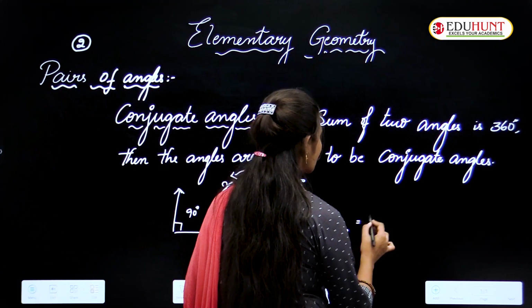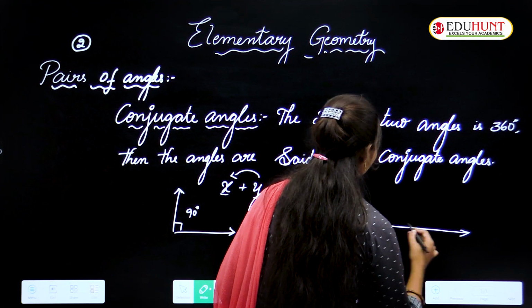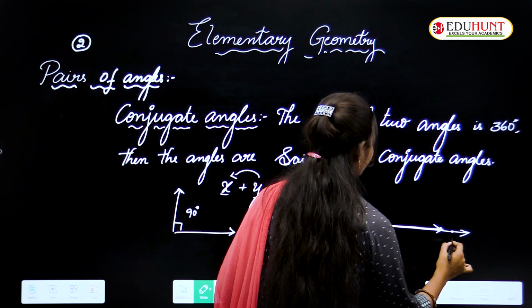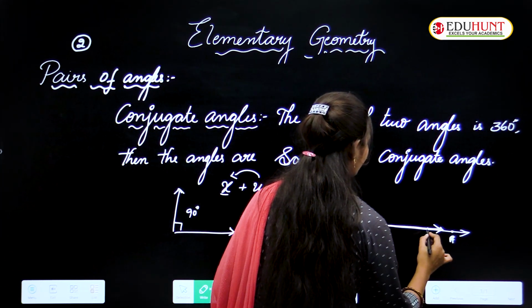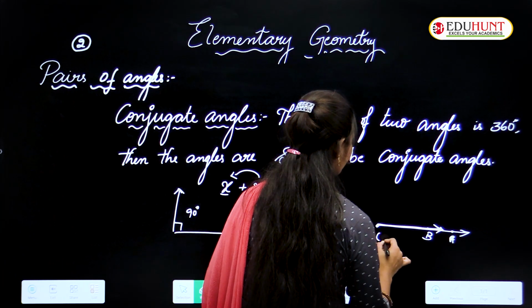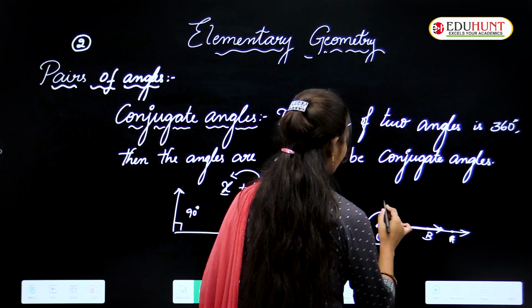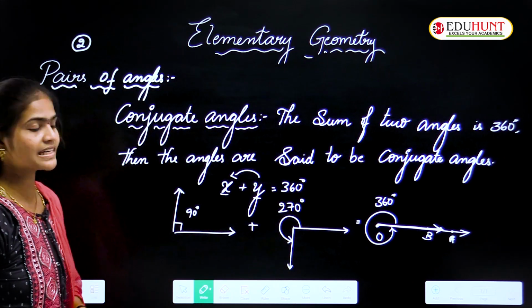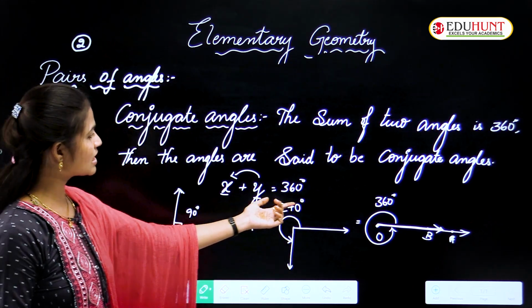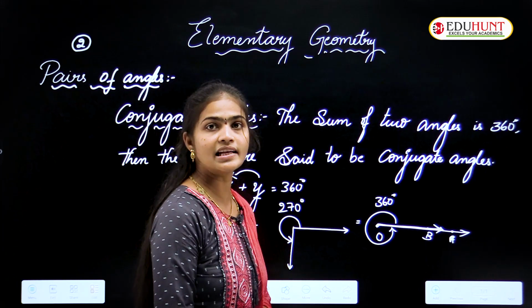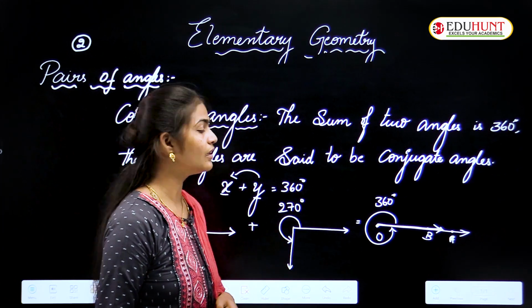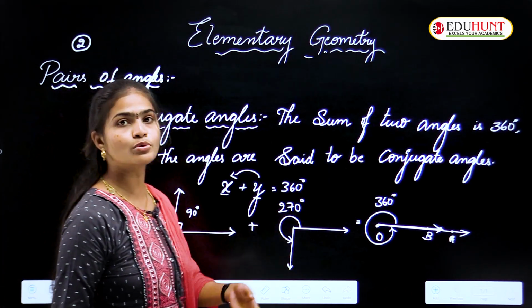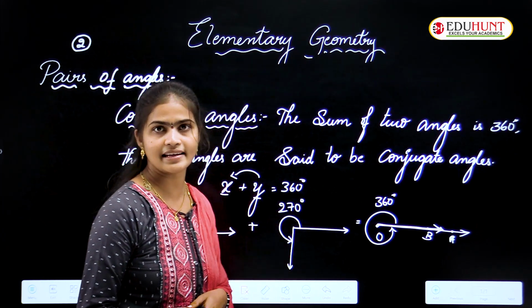Its sum is equal to a complete angle, which is 360 degrees. So 90 degrees plus 270 is equal to 360, which is nothing but a complete angle. So we can call 90 degrees and 270 degrees conjugate angles.